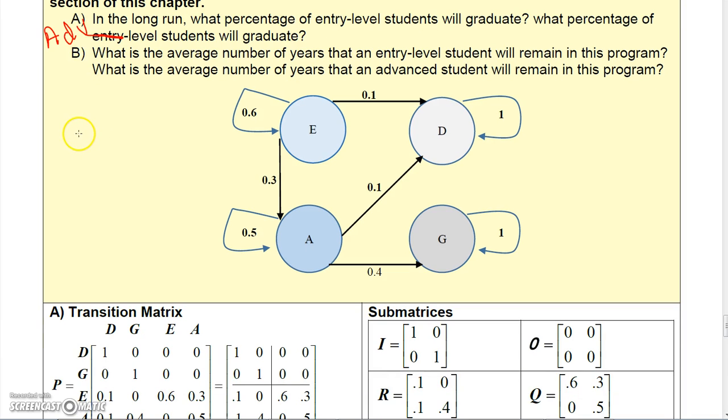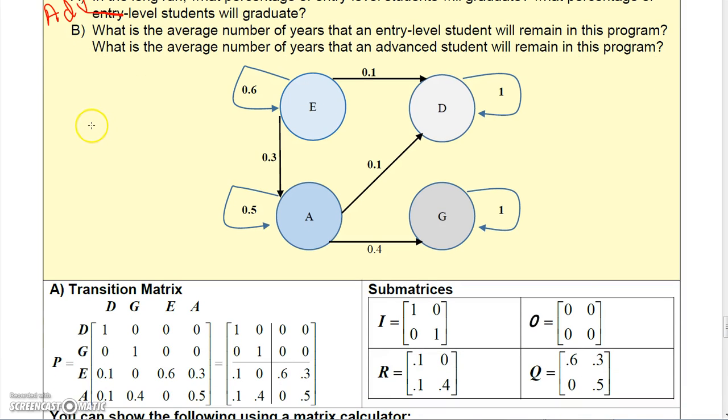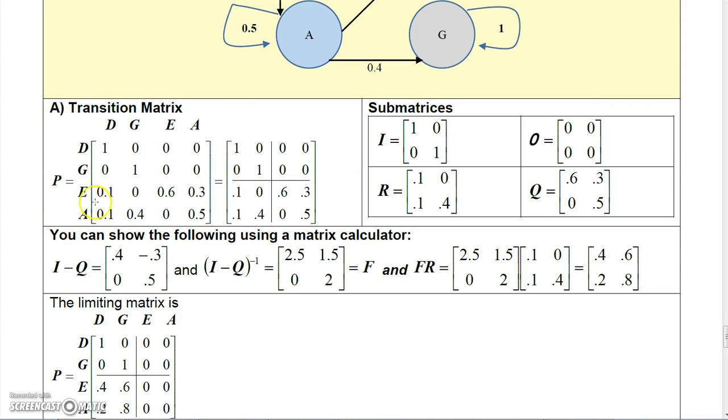Okay, let's see. So I took the transition matrix in standard form and I divided it up into the identity matrix here, the 0 matrix here, and this is R and this is Q. Now, I minus Q, I just take the identity matrix and subtract Q, and I get 0.4, minus 0.3, 0, 0.5.